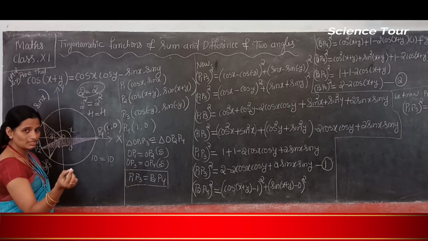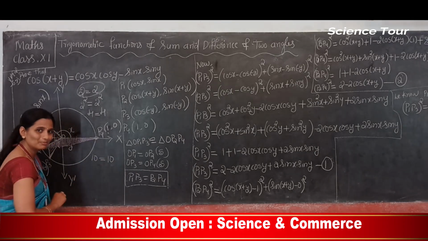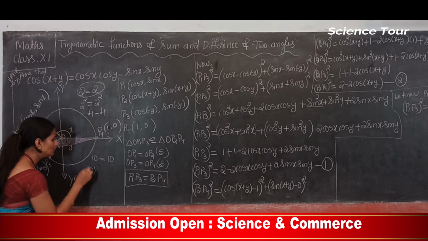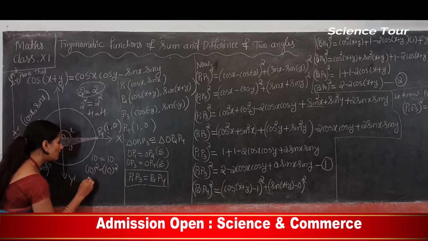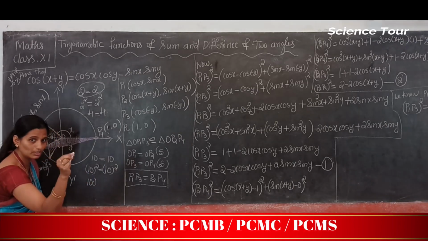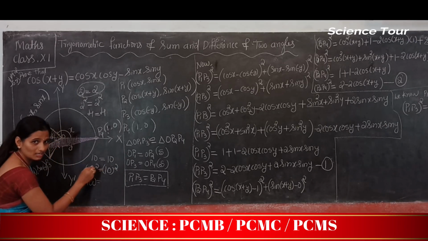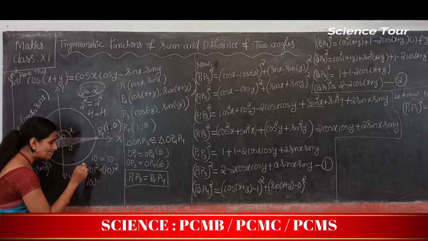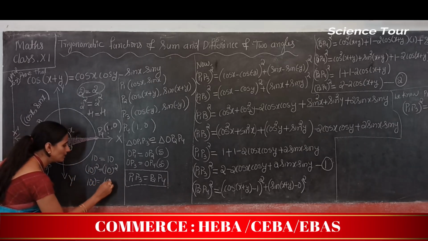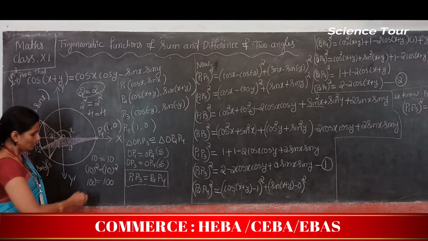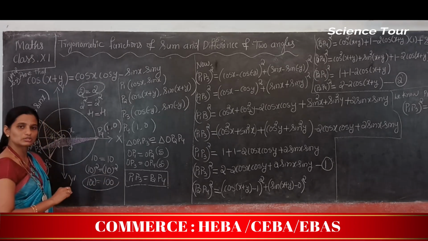So check whether the square of these two numbers are equal. Yes. 10 square is 100. 10 into 10 is 100, not 20. 10 into 2 is 20, but 10 square means 10 into 10 is 100. So is that square answer also same?